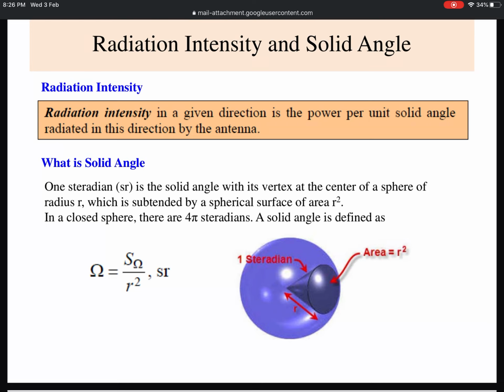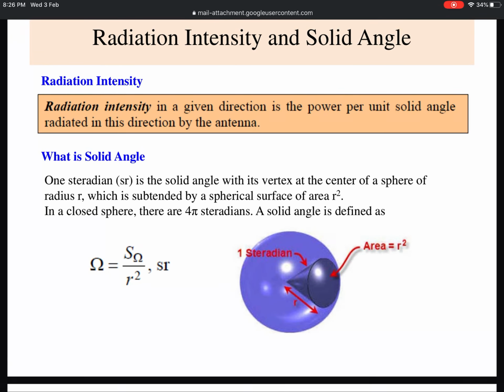That is why I have written that 1 steradian is the solid angle with its vertex, meaning center, at the center of a sphere of radius r, which is subtended by a spherical surface of area r square. So if I take a surface area of r square, and the radius from the center, the vertex of the sphere, is r, then the total area will be defined by 1 steradian, because r square by r square will be 1.